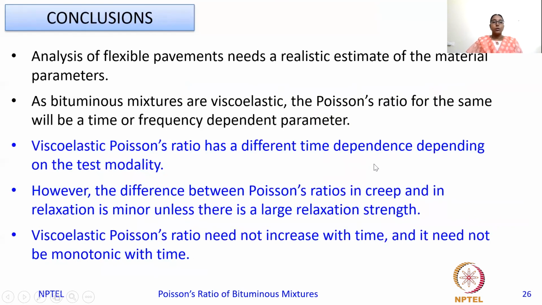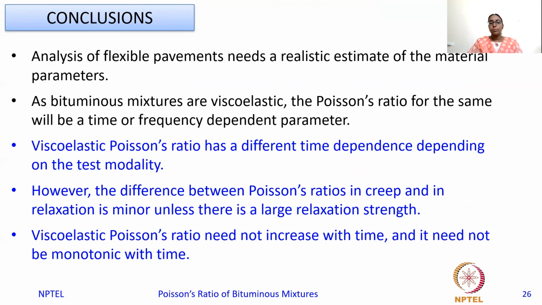So coming to the conclusion, the analysis of flexible pavements needs a realistic estimate of the material parameters. And we know that bituminous mixtures, which are used at the top layers of the pavement structure, are viscoelastic in nature, and hence the Poisson's ratio for the same will also be a time or frequency dependent parameter.